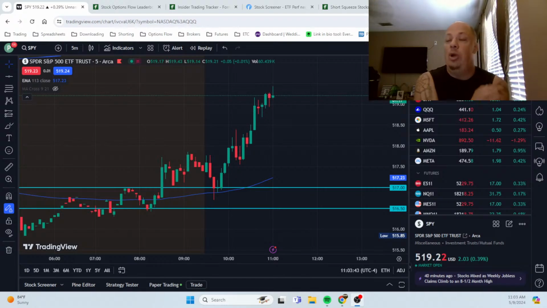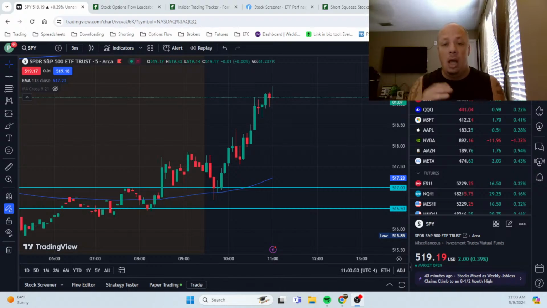We like to go over the stock options flow early in the day. We do the insider trading tracking two times a day, so we can see what kind of moves insiders are making, and hopefully get a leg up on the competition as far as getting in on these moves early. And then in the AM edition we do a short squeeze review.